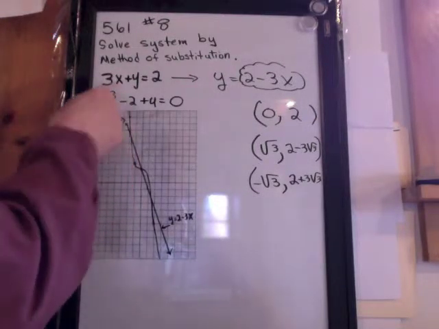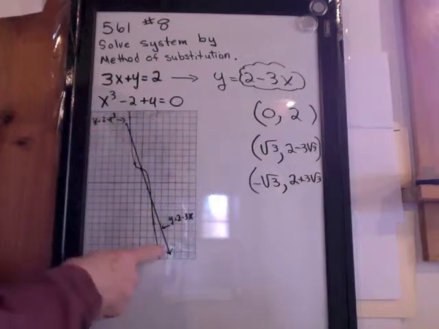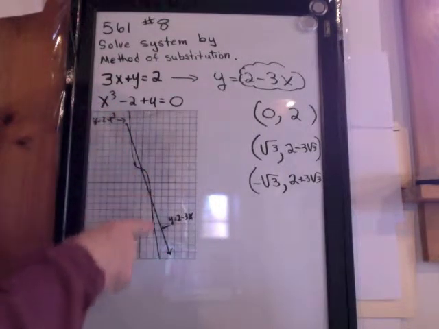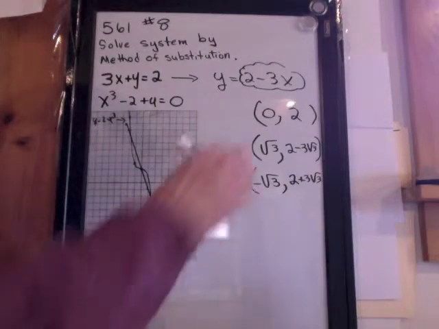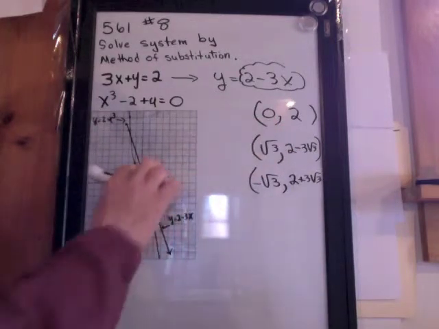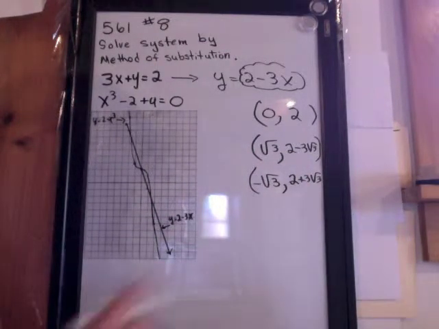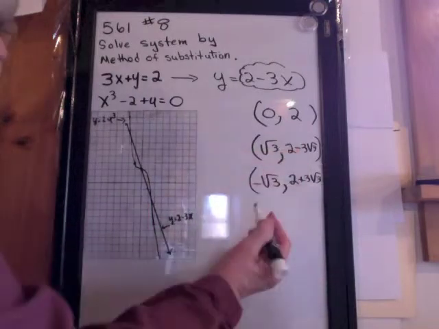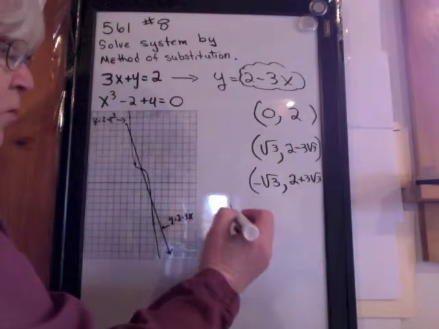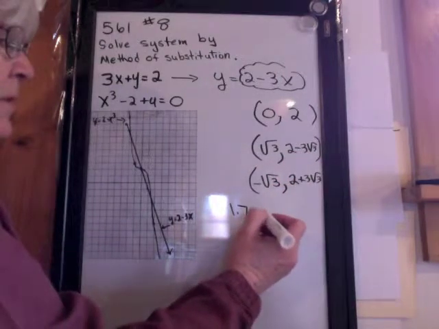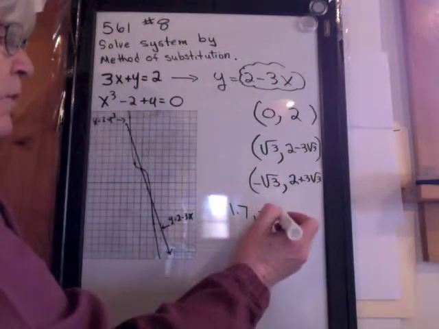So now you can see my graph. And, of course, the straight line, this one here, and then the cubic equation has a little curve in it. And as I check my solutions, the 0, 2 is easy to check. These other two are not so easy to check. I need to get the decimal values of these numbers. So root 3 is about 1.7, and 2 minus 3 root 3 ends up to be about minus 3.1.